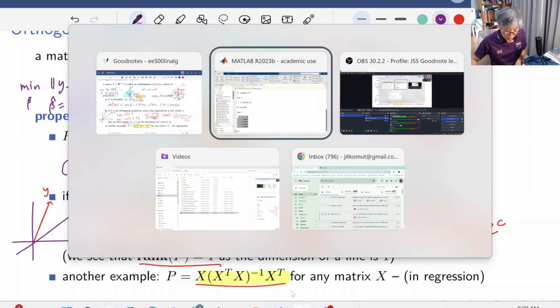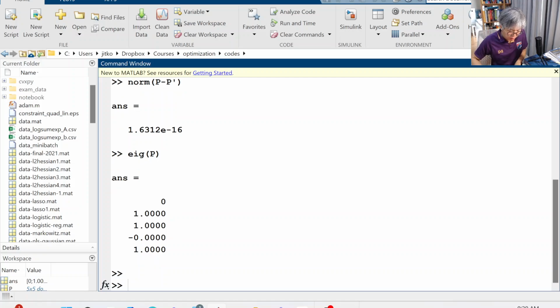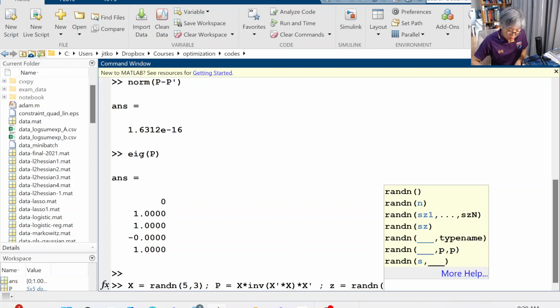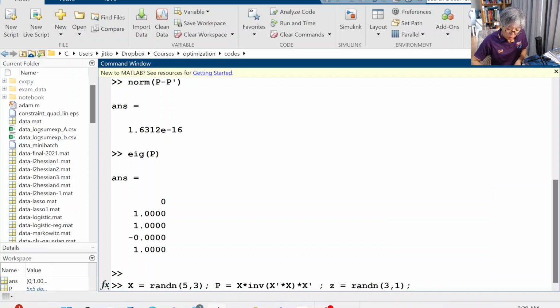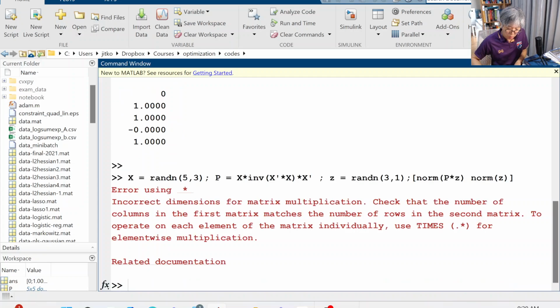Let me also show the bounded property. Here I'm going to generate X multiple times, and I also generate a vector z that will be multiplied by this.